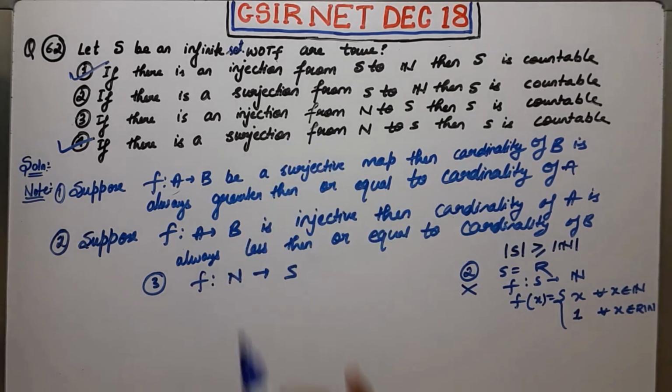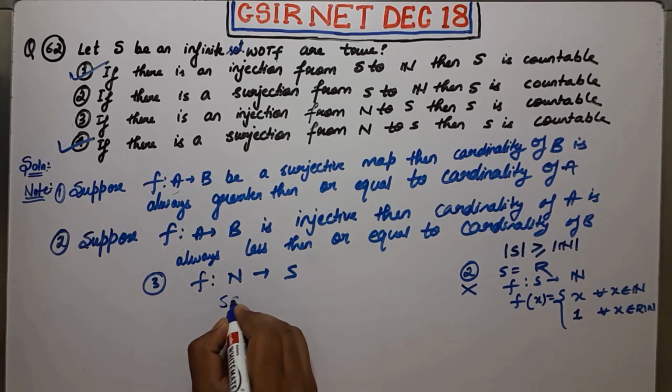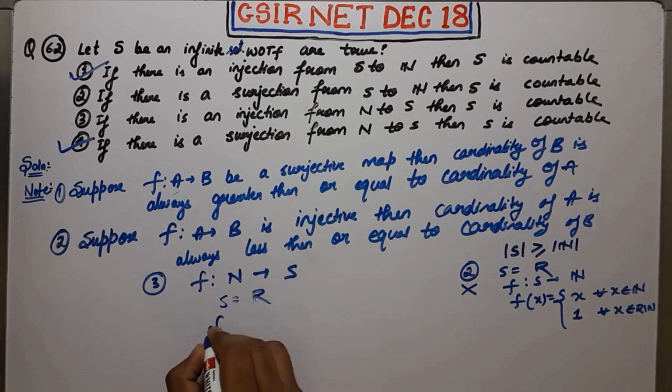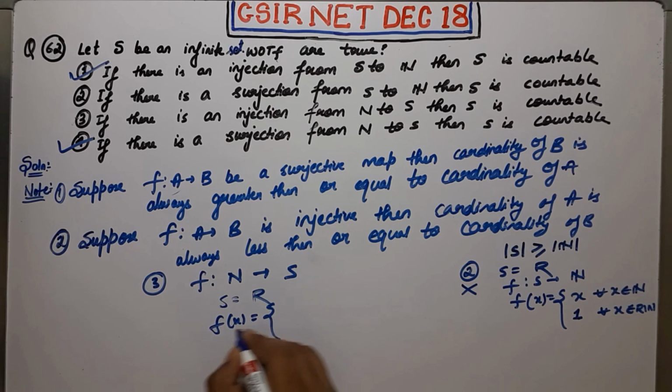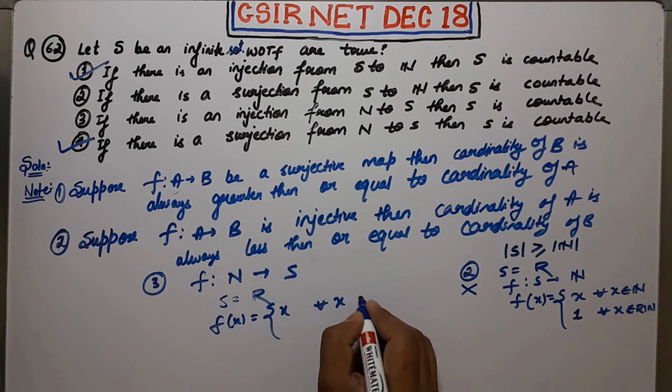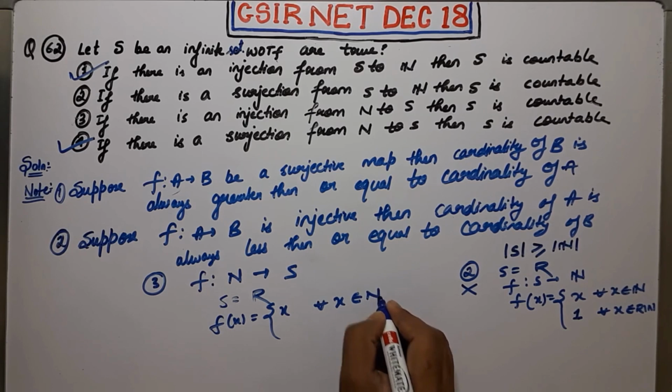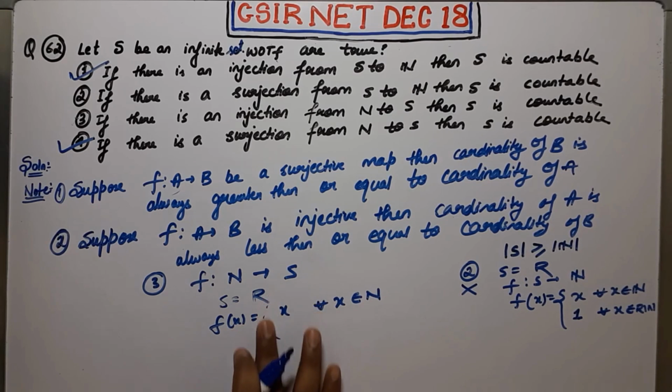What you have to do is create an injective map from N to S. Again take S equal to R and take the function f(x) = x for all x belonging to the naturals. So take this as your function.